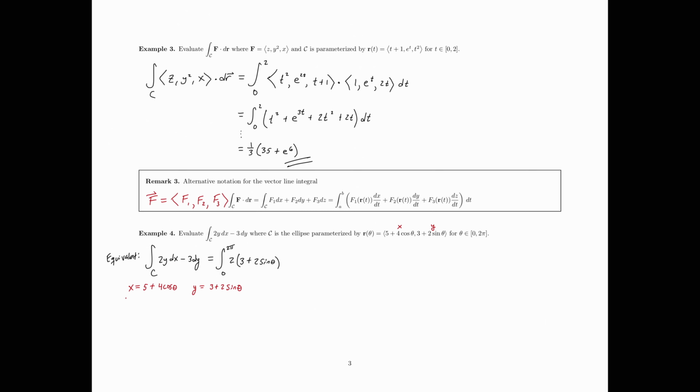Well, we don't have dx written down, but we can very quickly figure out dx from our x equation just by finding the differential via differentiation. So this would be dx equals minus 4 sine theta d theta. And while we're at it, let's figure out dy. dy is 2 cosine theta d theta.